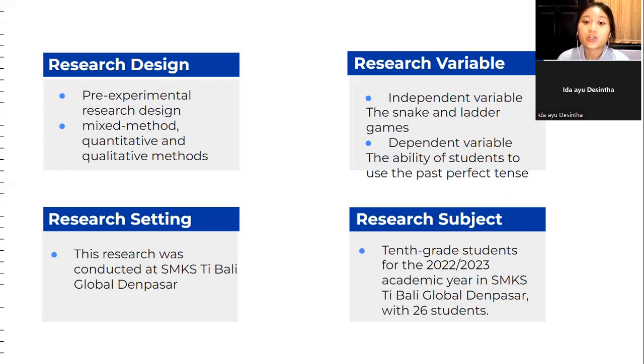And in the qualitative methods, interviews will be conducted to find out students' opinion on the effectiveness of using snake and ladder game in learning the past perfect tense. The independent variable in this research is the snake and ladder game, and the dependent variable is the ability of the students to use the past perfect tense.